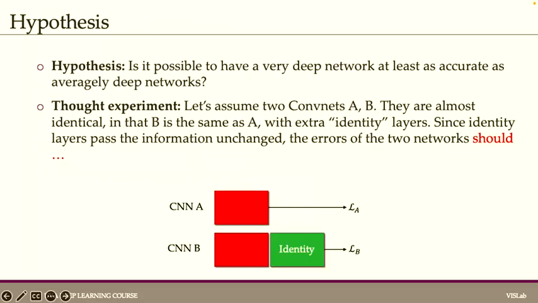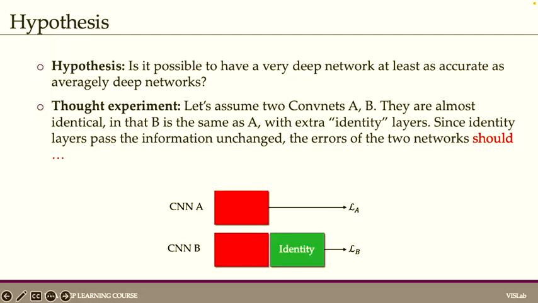The motivation for this paper was the following. Clearly we want to go deeper, right? Say you have two neural networks which share the same weights, this is the red part, and you make network B simply deeper. If the extra layers were identity layers, it would perform equally well.